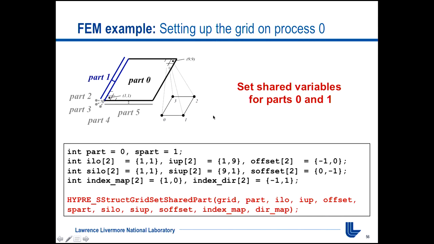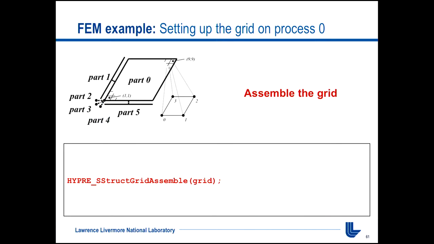And then to relate the parts together, instead of set neighbor part, I've got this other call, set shared part, which is almost exactly the same. But now what this does is say the variables on this left edge, for example, are the same as the variables on the right edge on part 1. And I can make this similar call for the south edge, and then the point in the bottom left is shared with parts 2, 3, and 4. So you have to make those calls as well. And then assemble, and that's the grid.